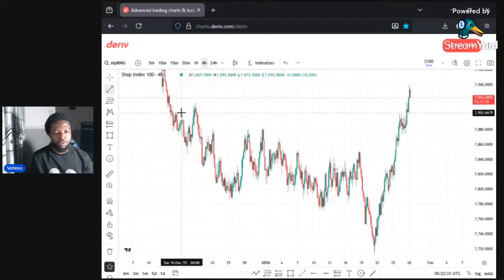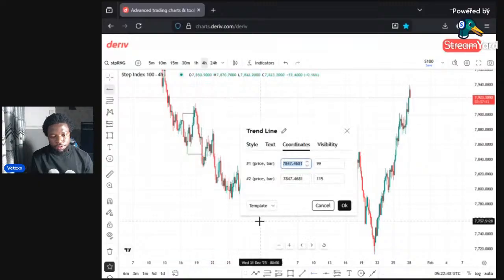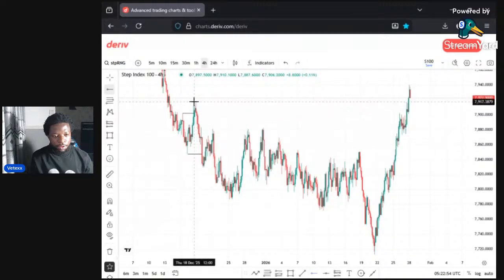Now, yesterday we have our sweep of liquidity, which is rule number 1. Rule number 2, we have what? First break of structure. And then we have our protected high, which is here.